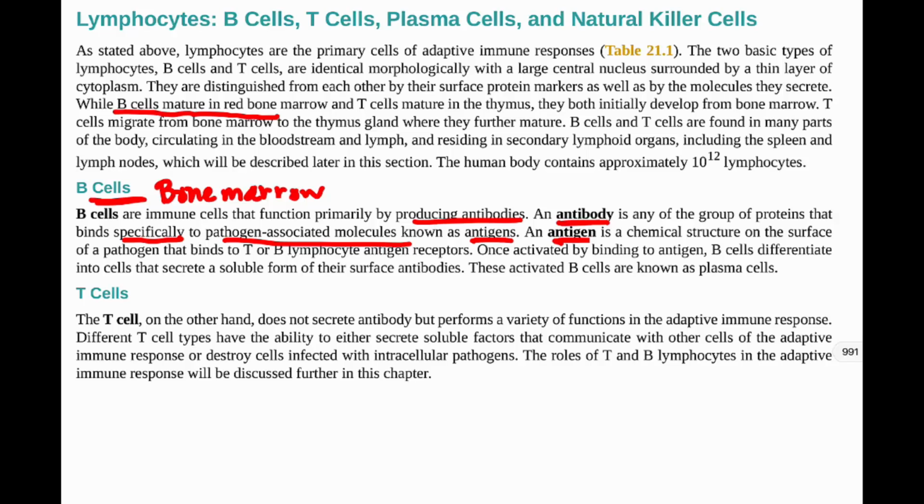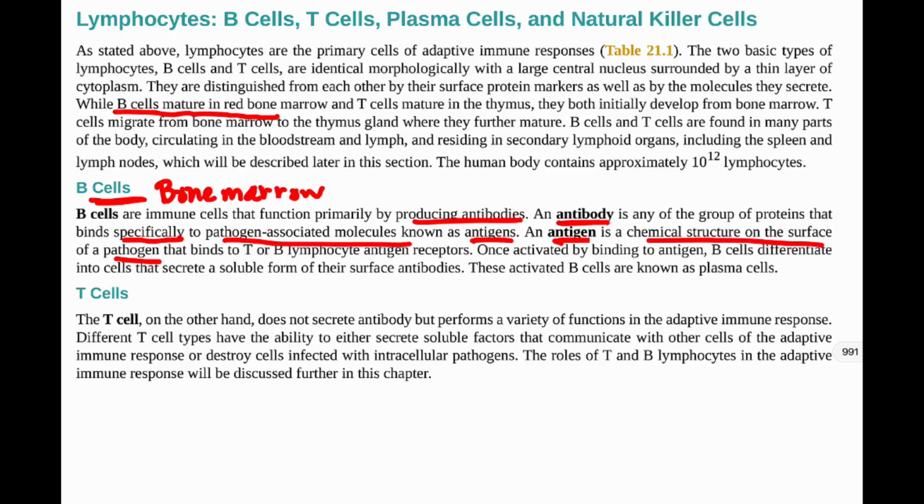So our B cells are going to be those that are making specific proteins called antibodies that are going to be pushed out into the bloodstream, into the lymphatic system, and float around and attach very specifically to antigens, which are the chemical structure on the surface of a pathogen.